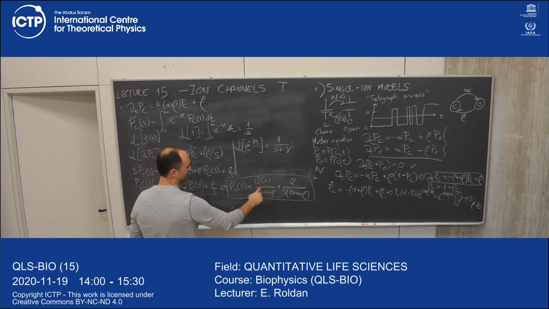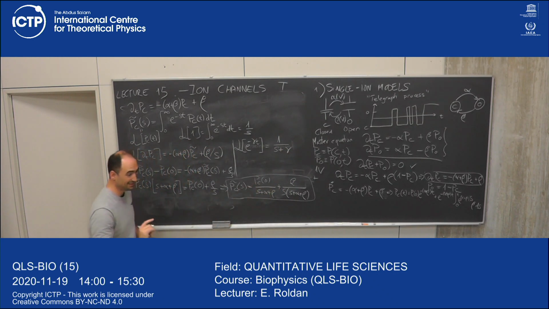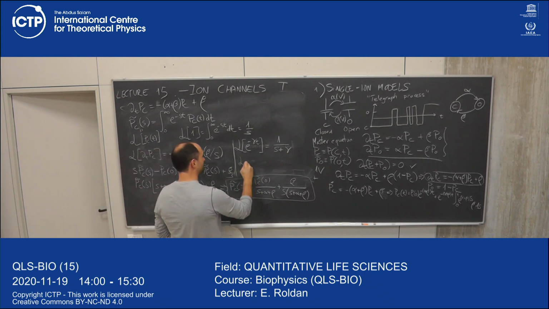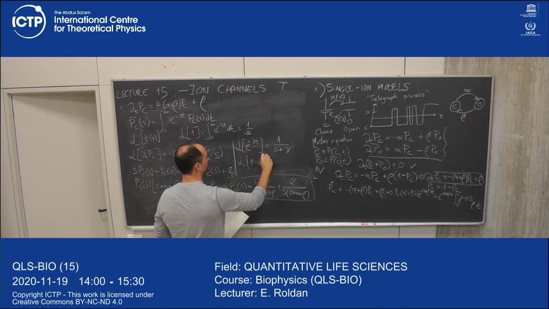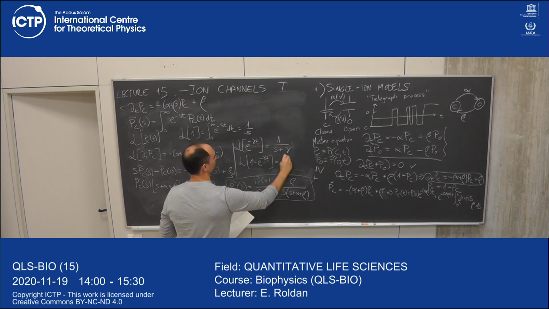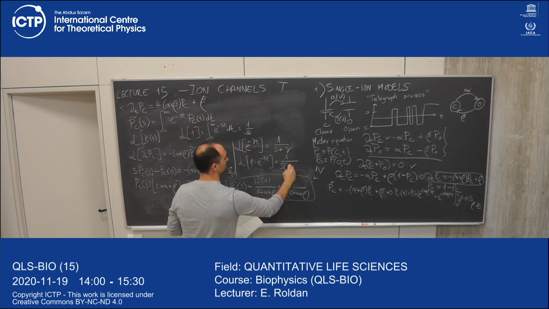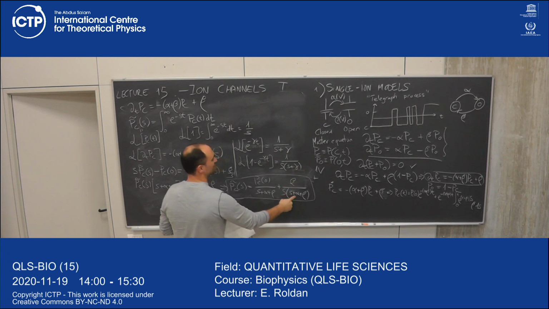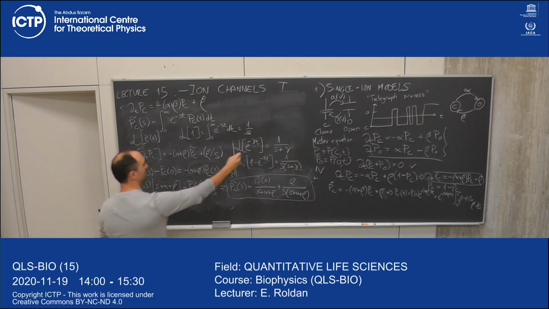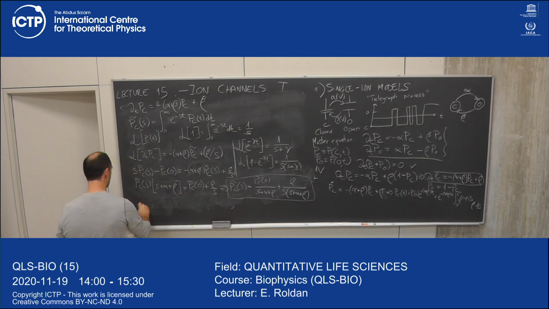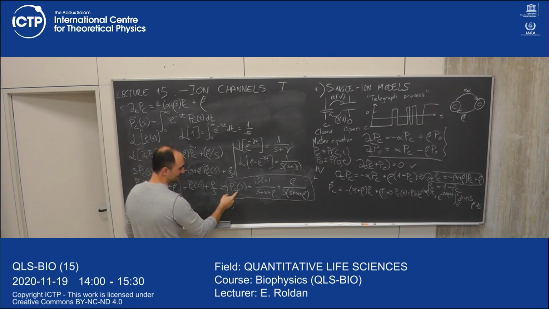So this will be like the Laplace of an exponential, this part. And that the Laplace transform of 1 minus e^(-γt) is 1 over s times (s plus γ). So this will be 1 minus exponential.